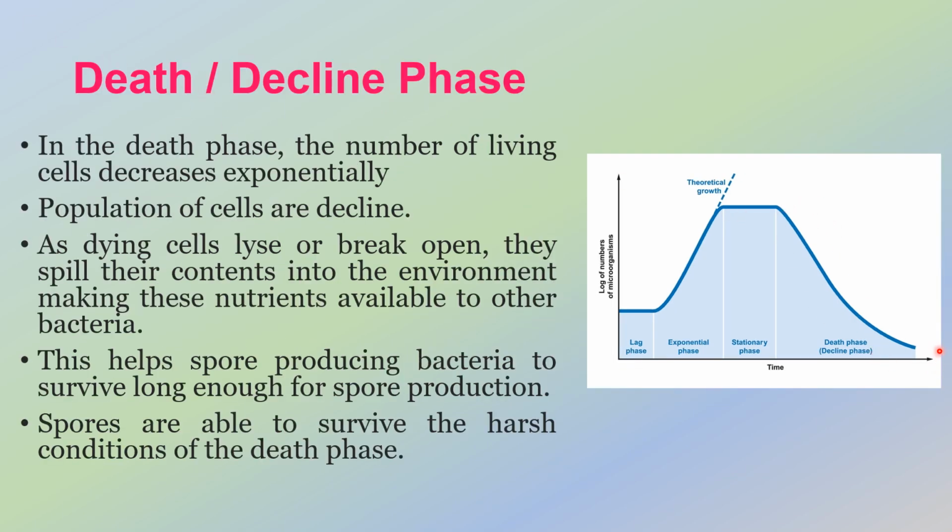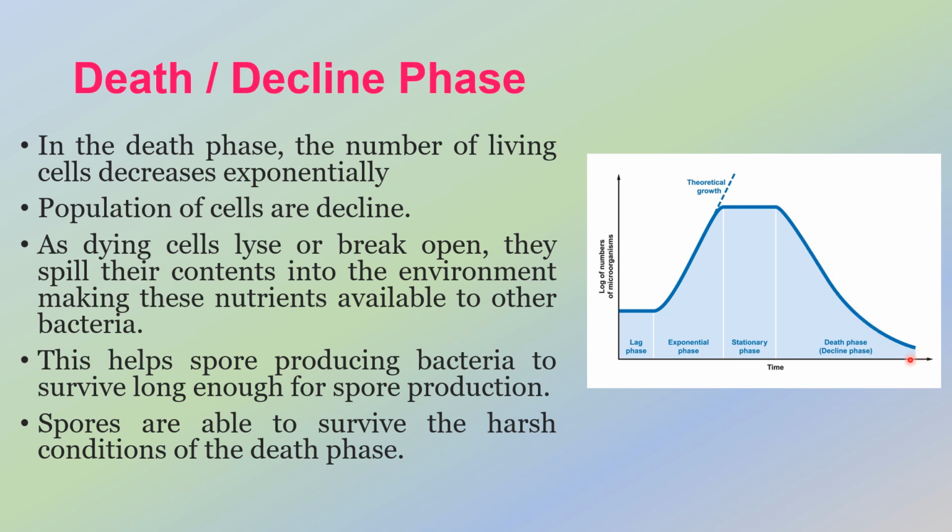And the death or decline phase is the last phase of the bacterial growth curve. In this stage, the rate of dead cells is greater than the rate of production of new cells. All the cells start to die due to the lack of nutrients and physical conditions. In this death phase, the number of living cells decreases exponentially.